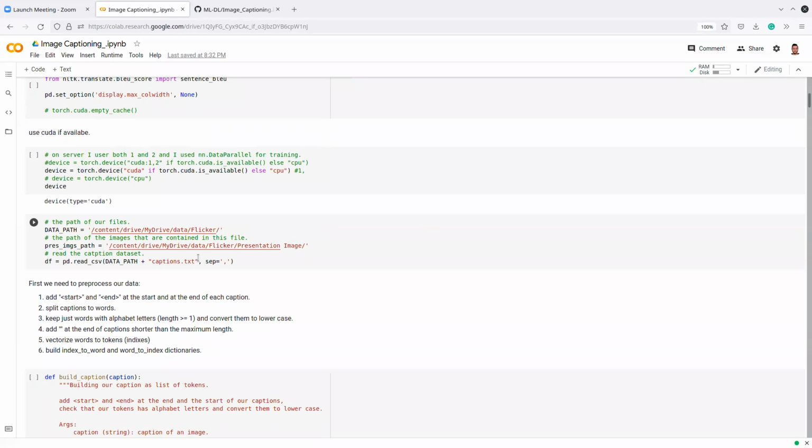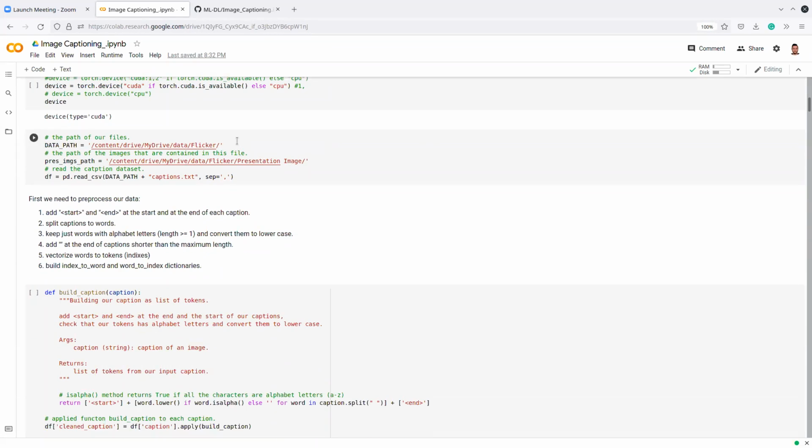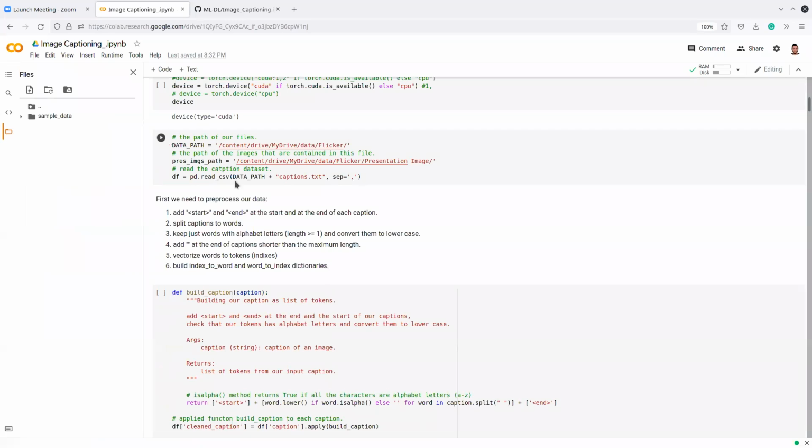Let's start by processing the data. First, we process our captions. For each caption, we add start and end tokens. We split the caption into words. We keep the words that have alphabet letters, so we don't keep the numbers and punctuation marks, and we delete the empty words.